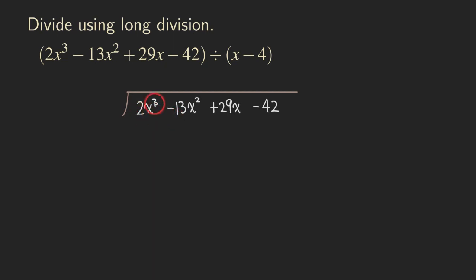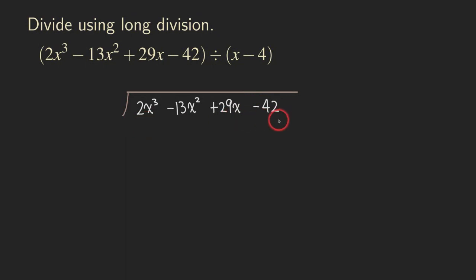You don't really see the plus sign, but when we are stacking these terms together, we are adding them. We are adding a negative 13x squared. So we treat it as 2x cubed plus negative 13x squared, plus positive 29x, plus, again, negative 42.